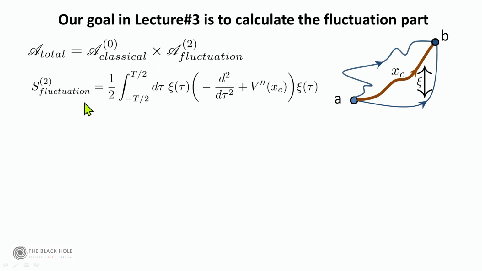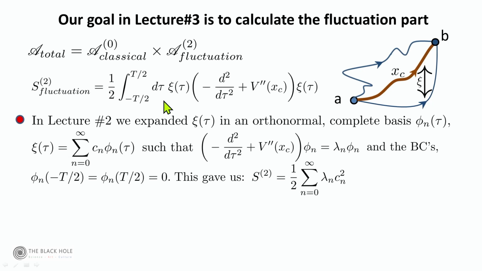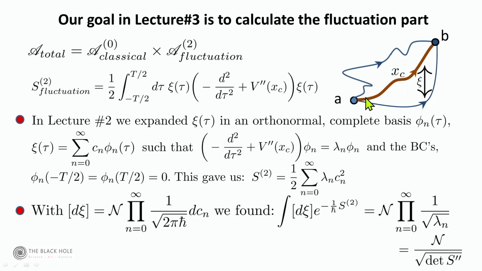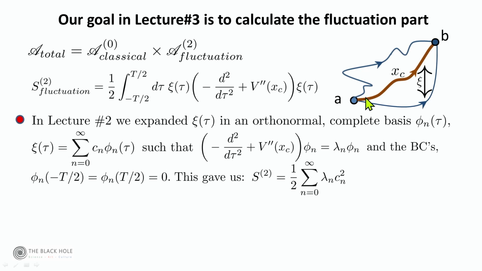The fluctuation part is what we're going to calculate today. I remind you that these xi's over here are the fluctuations away from the classical path, as you can see over here. So A to B is the classical path, and then the fluctuations are this.